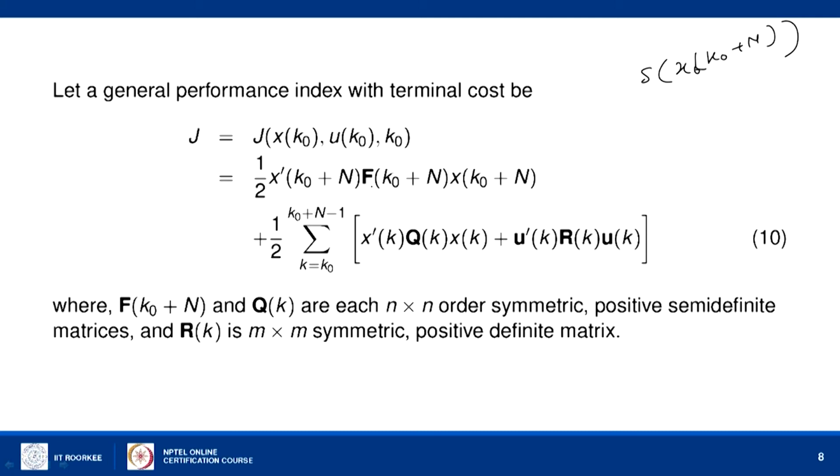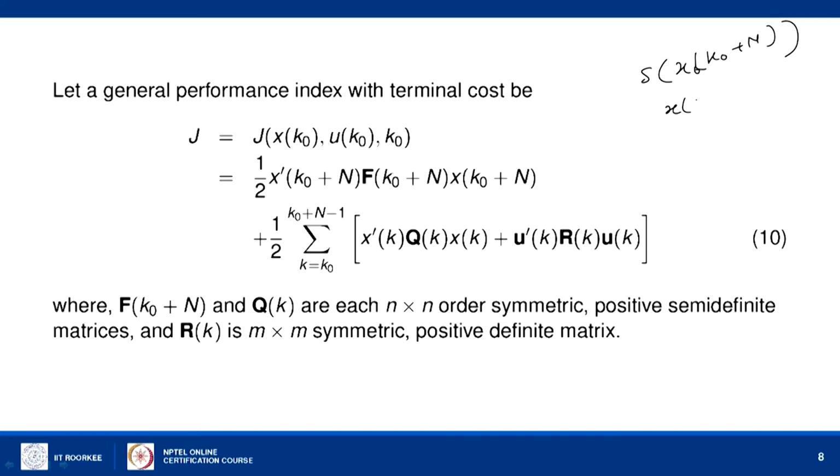Here F is an n cross n matrix, x is the column vector and x dashed is the row vector. When we multiply all these three, we get a scalar expression at the final instant k0 plus n, plus half times the summation, k varies from k0 to k0 plus n minus 1, of this expression. Here also Q is an n cross n matrix, x is a vector in Rn and u is a vector in Rm.